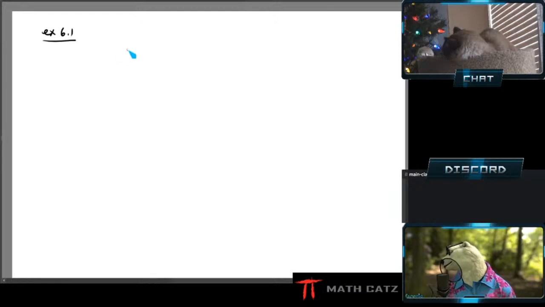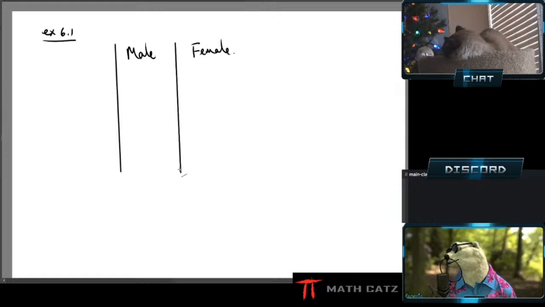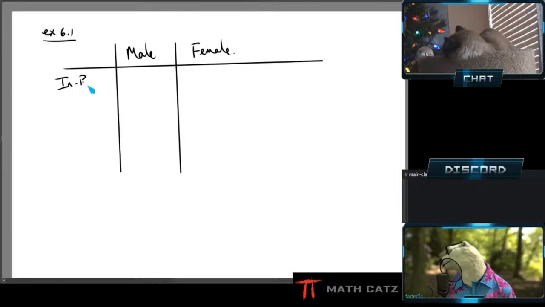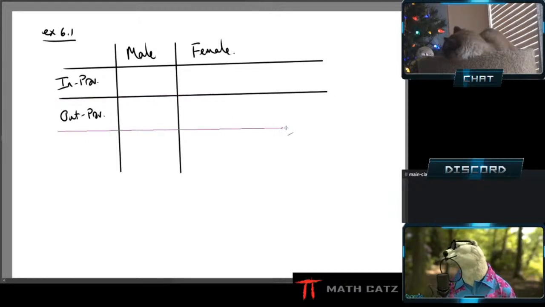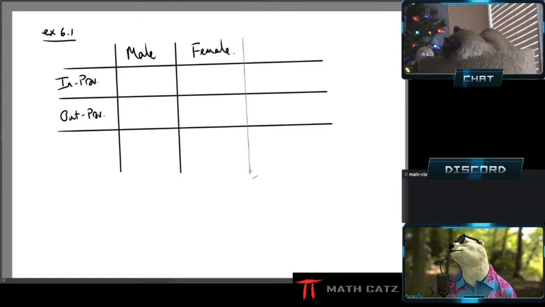Let's go male and female. Make some lines here. It's big. And then in province and out of province. And I'm also going to keep track of the totals.